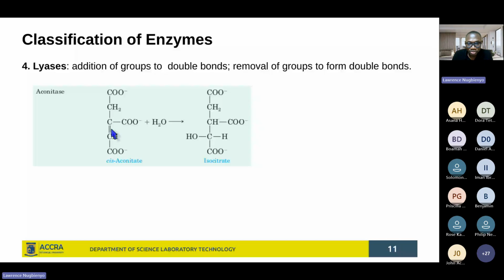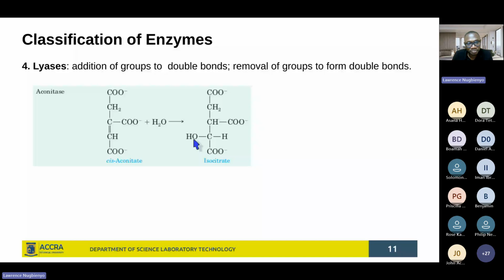That double bond is no longer there, it's removed. How? Because you can see on this carbon in cis-aconitate, where you have CH with that double bond, you now see in isocitrate a hydroxyl group on that carbon. So that hydroxyl group is coming from the water molecule.